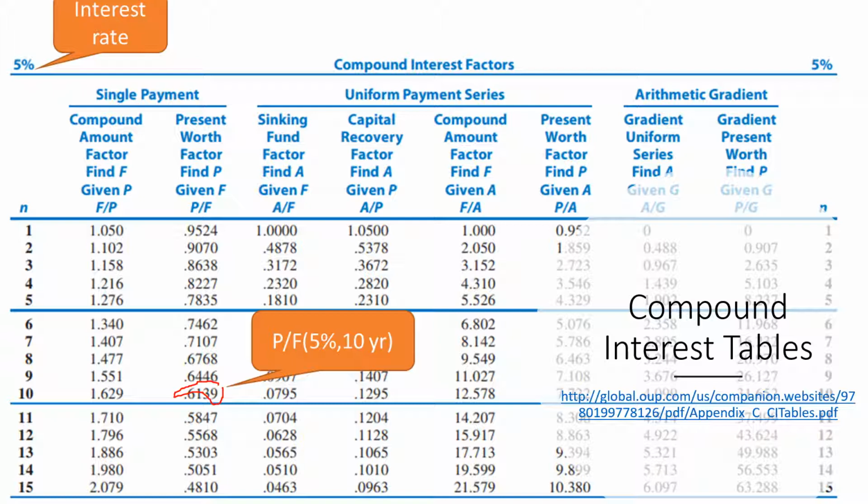And then the last column on the right in this case is P over G. You can see that over here. And so you can find the P over G value for any number of years of gradient. All right, so this is a lot, and you can get to this particular table online using this link.